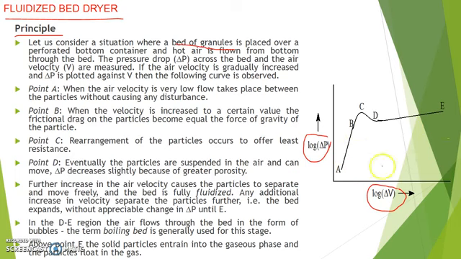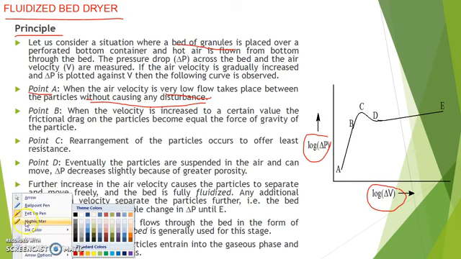In this curve, we are seeing 5 points: A, B, C, D, and E. Point A indicates that when the air velocity is very low, flow takes place between the particles without causing any disturbance.